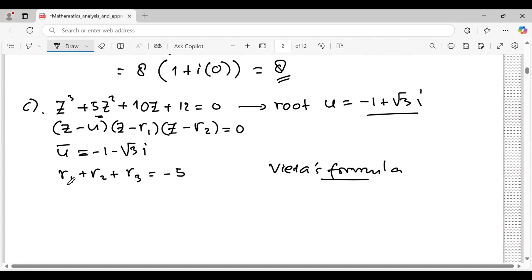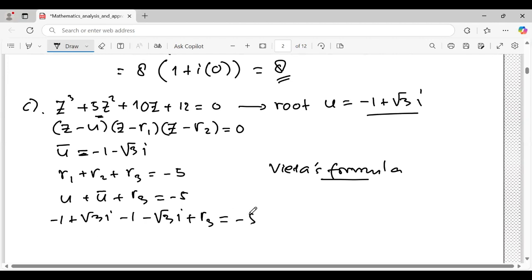This is u, and this is the conjugate of u, and this is r, the third root, I mean, the conjugate, that's 5. Now, I would like to substitute: -1 plus square root 3i, plus -1 minus square root 3i, plus r third equals -5.